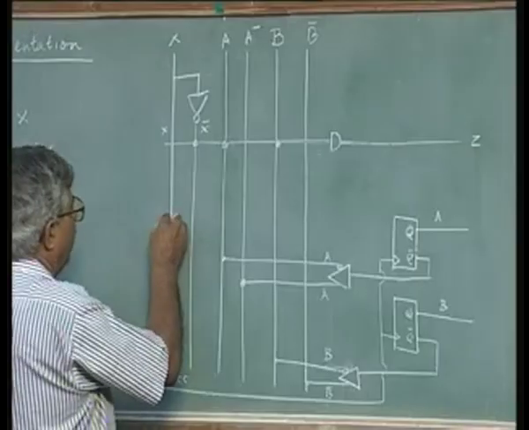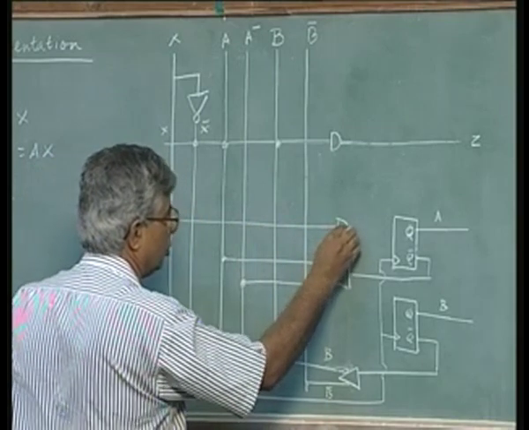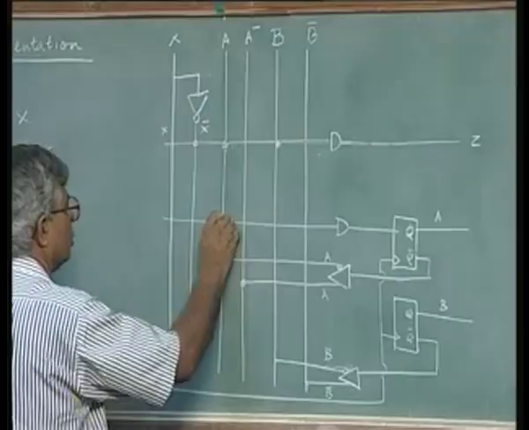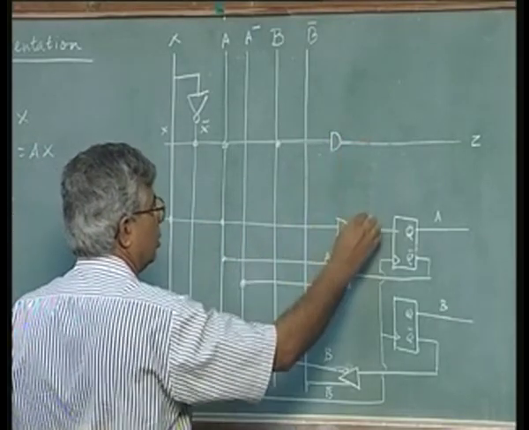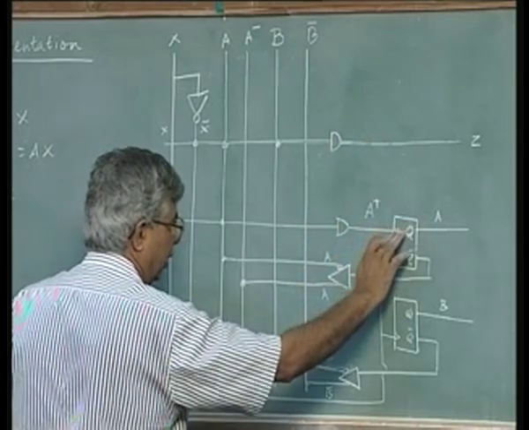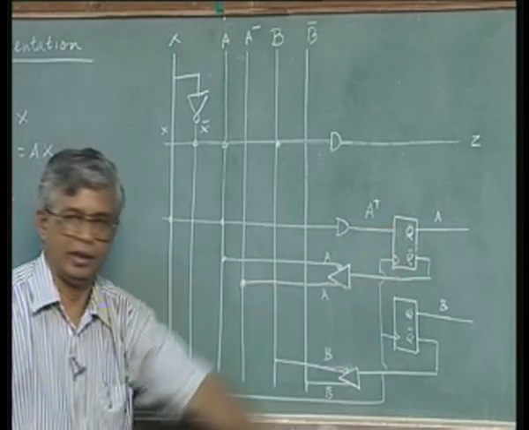So I am going to have another AND gate used for this purpose, A X, this is my A plus, which becomes A after the clock, the next state value, present state value.